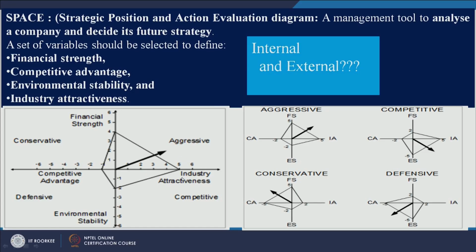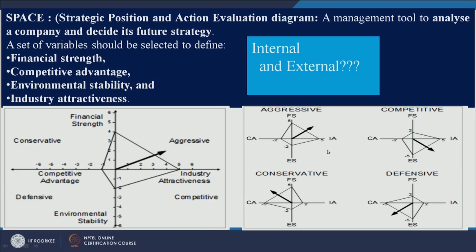If industry attractiveness is high, but financial strength or environmental stability is low, then you need to go for a competitive strategy, not the conservative one. And if environmental stability is low and competitive advantage is low, then go for defensive.